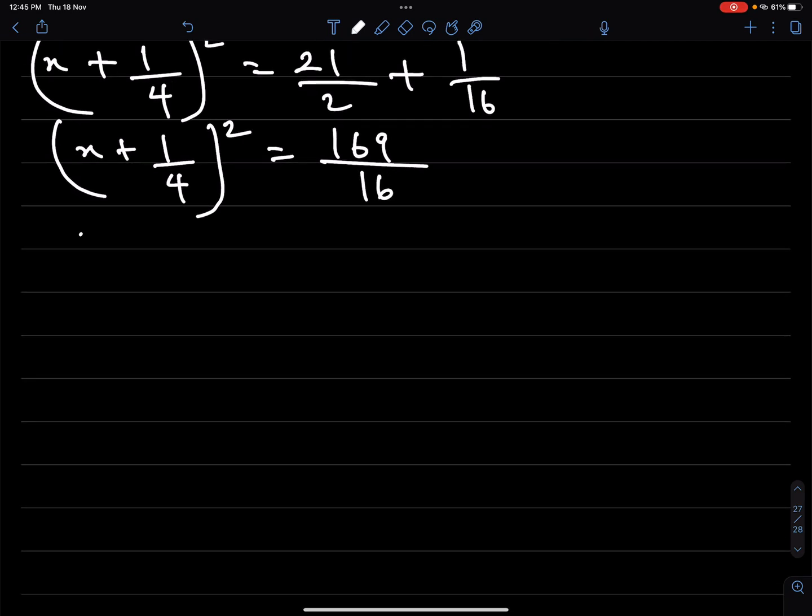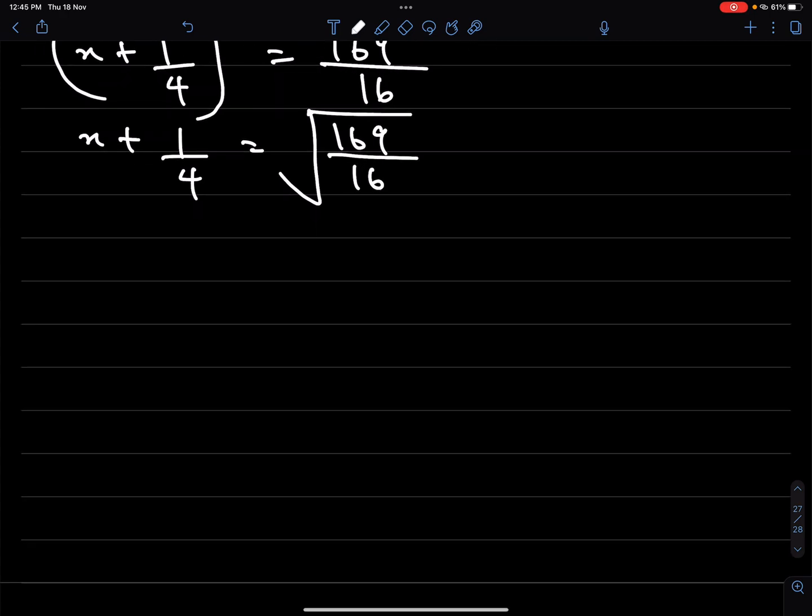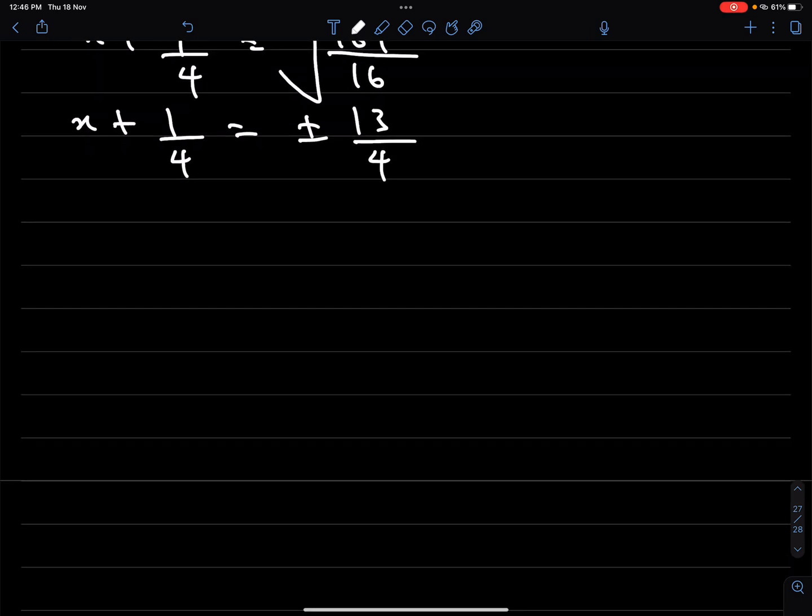Now finding the square roots of both sides, x plus 1 over 4 will be equal to the square root of 169 over 16, which means x plus 1 over 4 equals plus or minus 13 over 4.